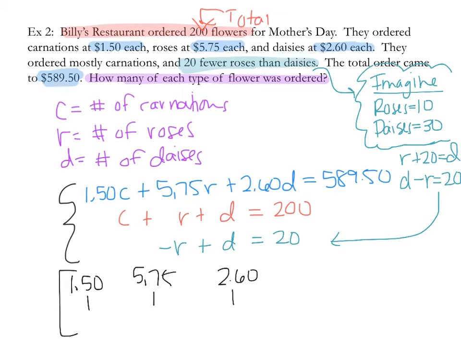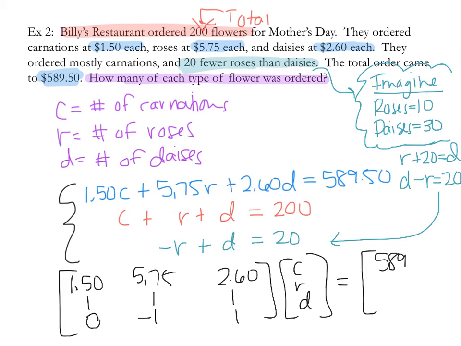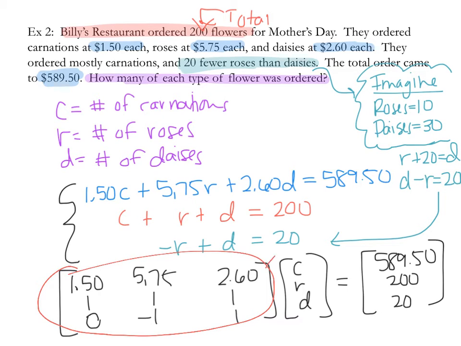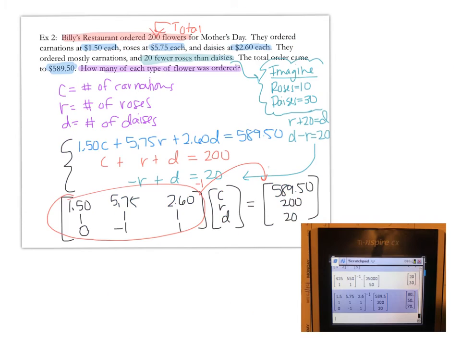In the bottom row, be careful, there's no C, so it's going to be 0, negative 1, 1, and then that's going to give me C, R, D equal to 589.50, 200, 20. Then to solve this, I know I have to move this guy to the other side, so I have to do the inverse of that times the other one. So that's what I'm going to do on the calculator now.